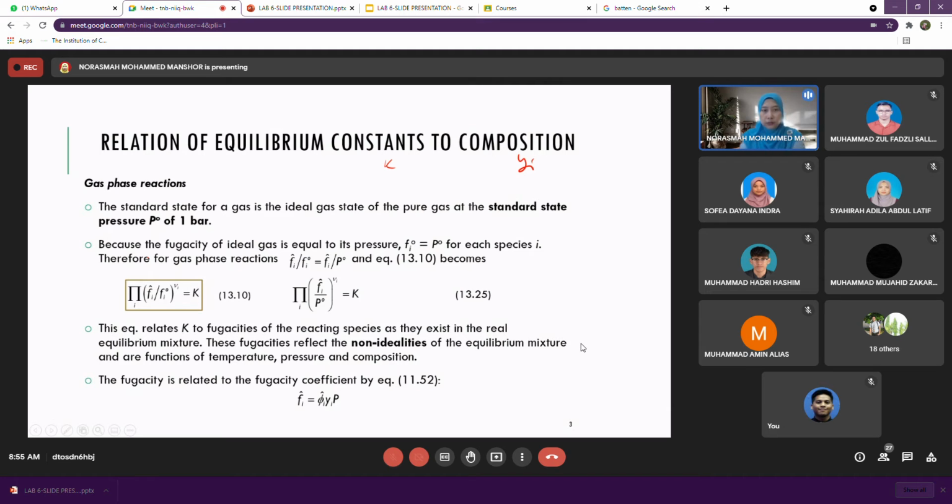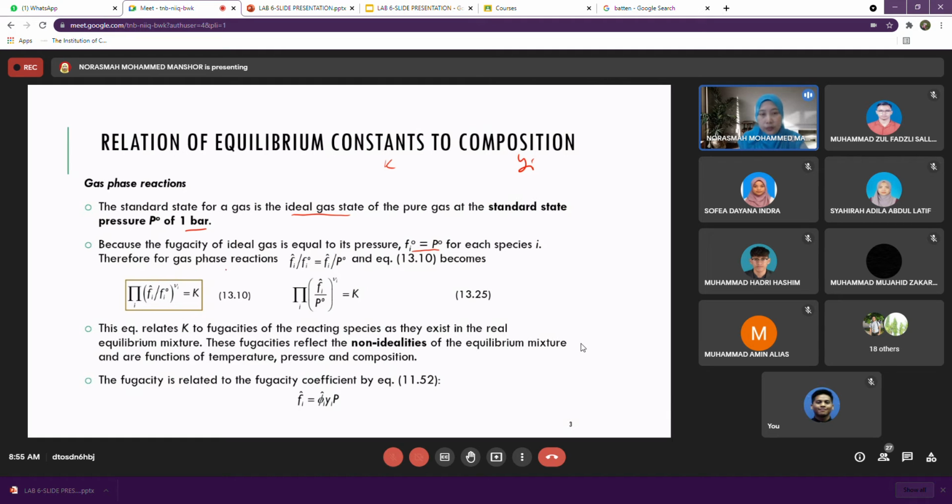Okay, for gas phase reactions, the standard state for a gas is ideal gas state of the pure gas at a standard state pressure of 1 bar. Because the fugacity of ideal gas is equal to its pressure, Fi naught equal to P naught for each species i.